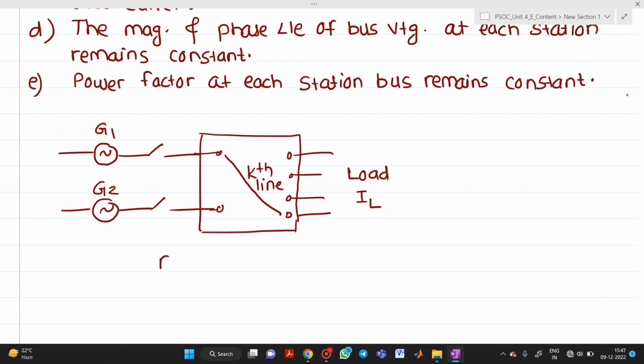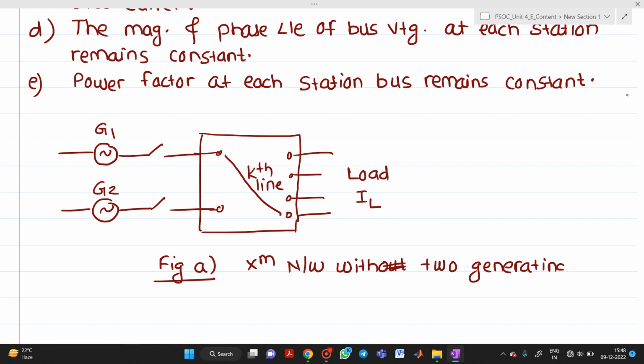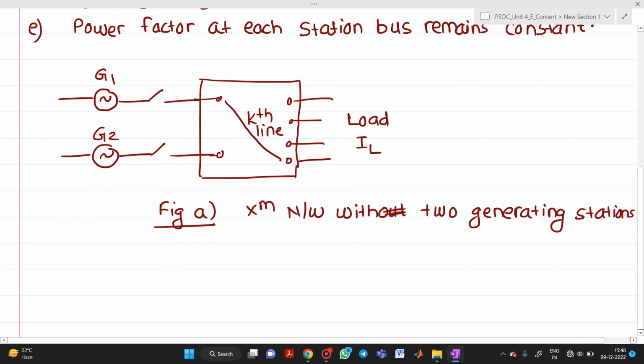Now how can we name this figure? We can say transmission network with two generating stations. So let us consider that there are two generators.